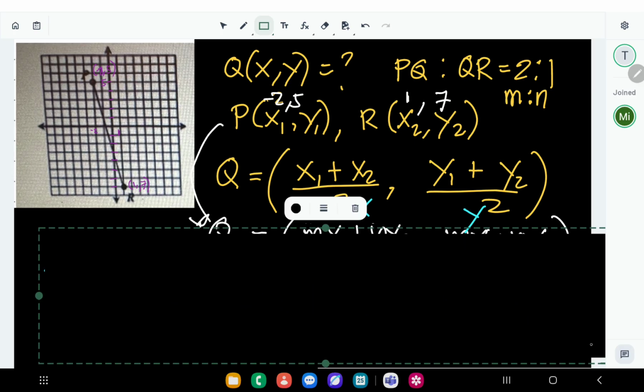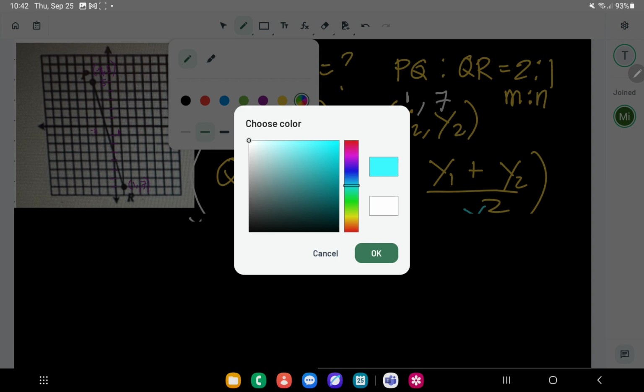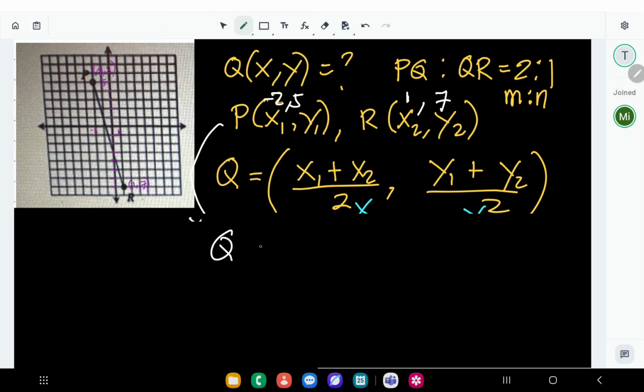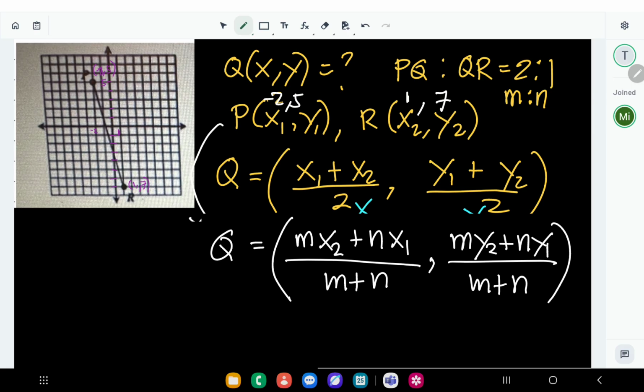Let me delete this, because it should be: point Q should be m times x sub 2 plus n times x sub 1 over m plus n. Then the y coordinate should be m y sub 2 plus n y sub 1 over m plus n. That one.